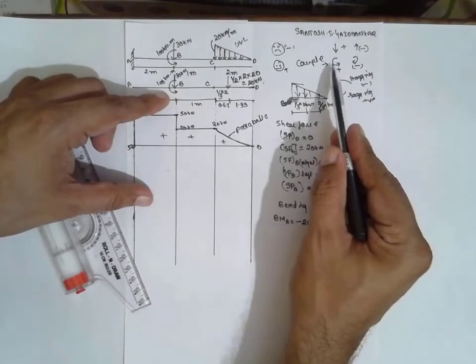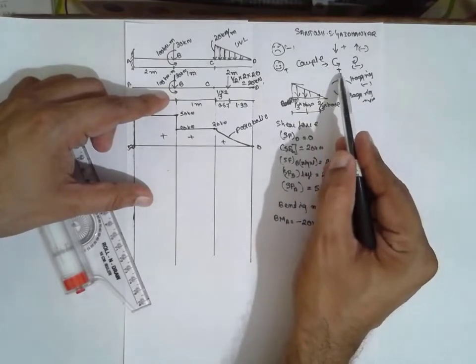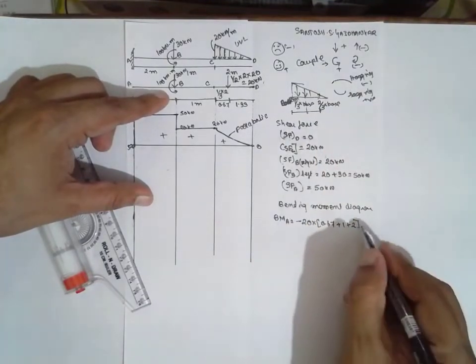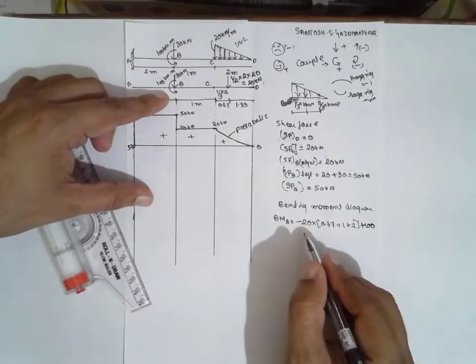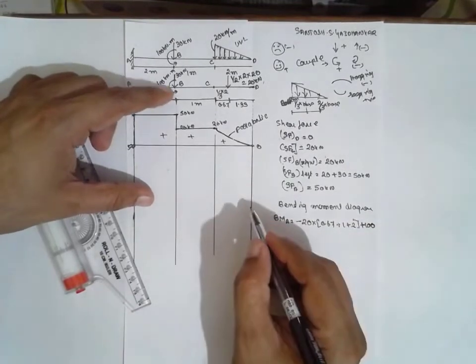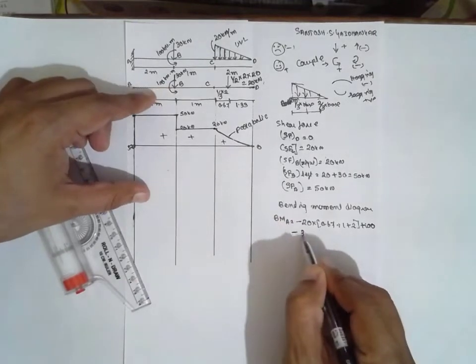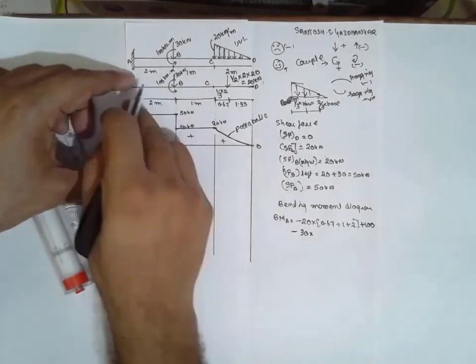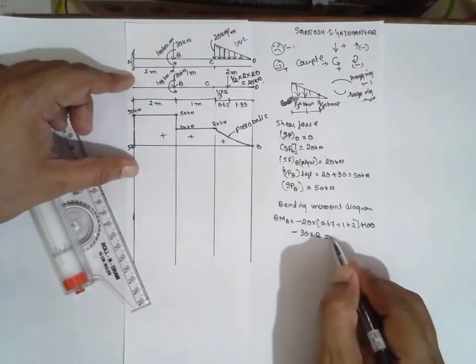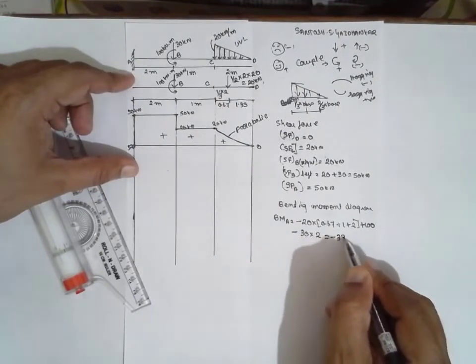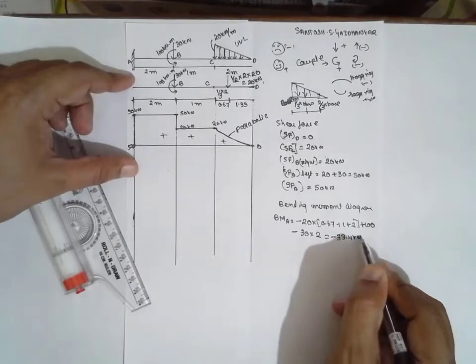If the couple is in this way, anti-clockwise, I am considering as positive. Plus 100. Again there is a load, minus 30 into distance 2. If you calculate, the value will be minus 33.4 kilonewton meter.